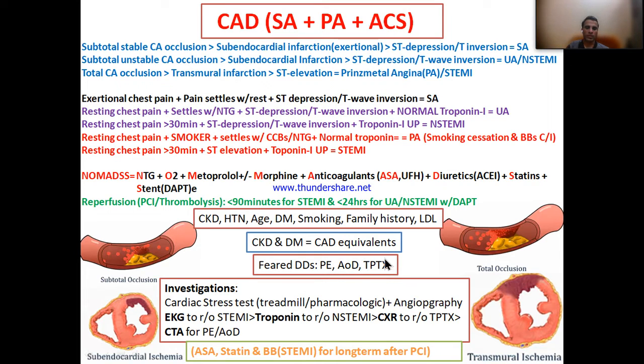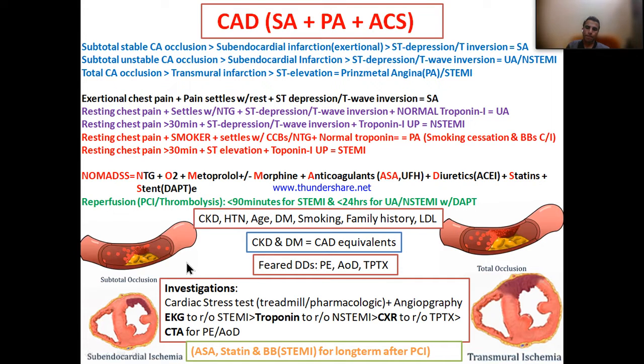And you can perform a chest X-ray for tension pneumothorax, and if present, you will treat it. So the point I'm trying to make is that whenever there is a patient having symptoms of coronary artery disease, especially chest pain, you should also be looking for these situations, okay?